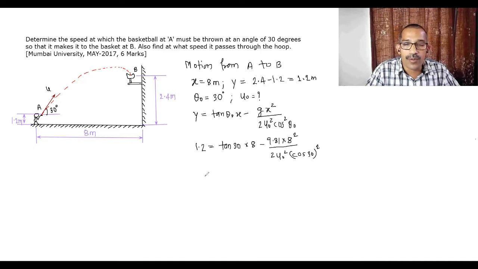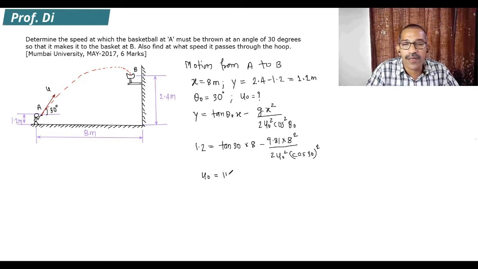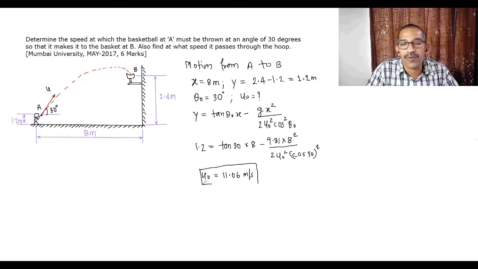Only one term is unknown, so easily you will get u0. Using a calculator, this u0 value comes out to be 11.06 meters per second. So what we are getting? The initial velocity of projection, so that the ball reaches the basket at B.